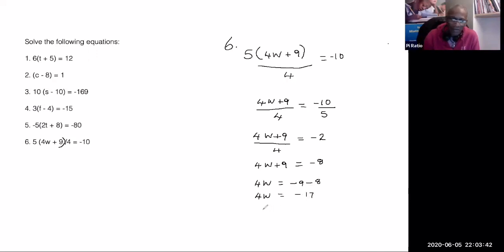So then w is equal to minus 17 over 4. And you'd leave it there, but if you did want to take it to the next level, it'd simply be minus 4 and 1 over 4. But you'd probably leave it right there where it is.